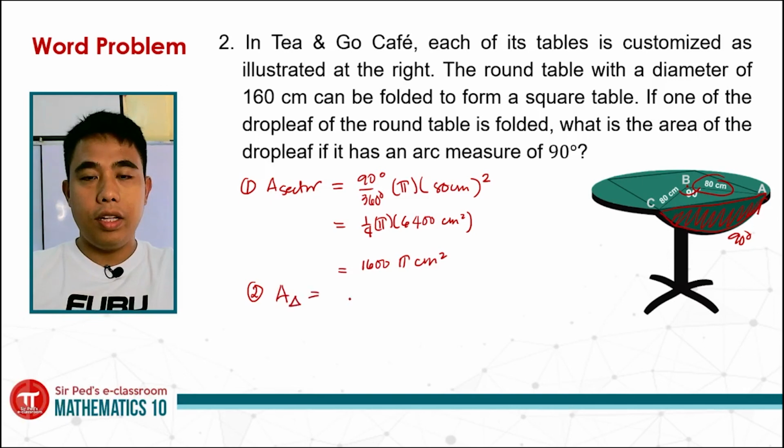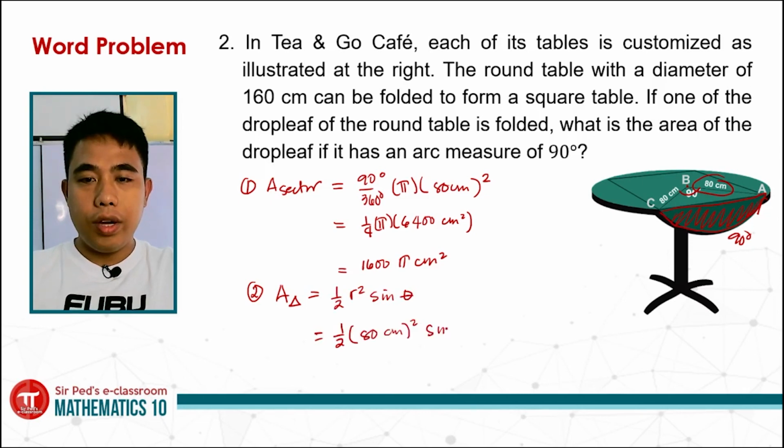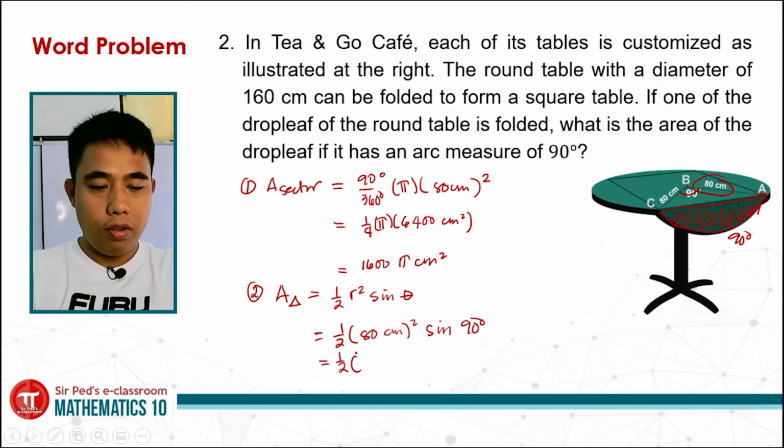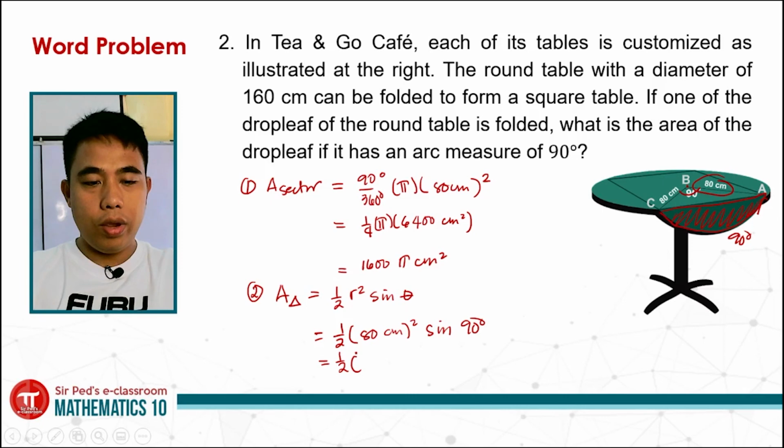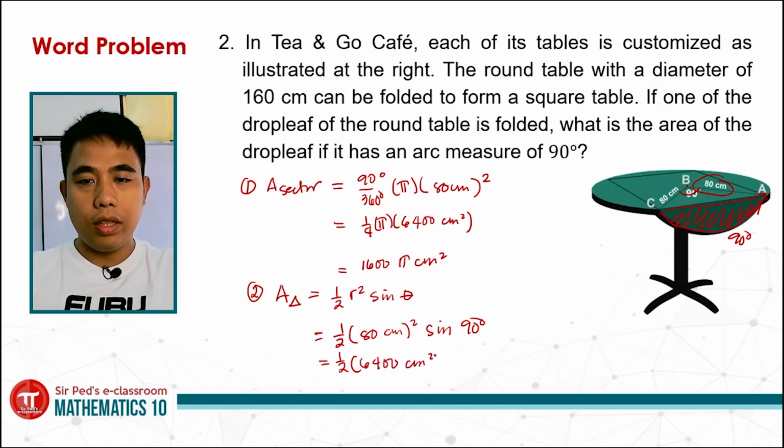So number 2, find the area of the triangle. So let's just use yung formula natin na 1/2 r squared sine theta. So that will be 1/2 80 centimeters squared sine 90 degrees. So that will be 1/2 of 80 squared, that is 6,400 square centimeters.